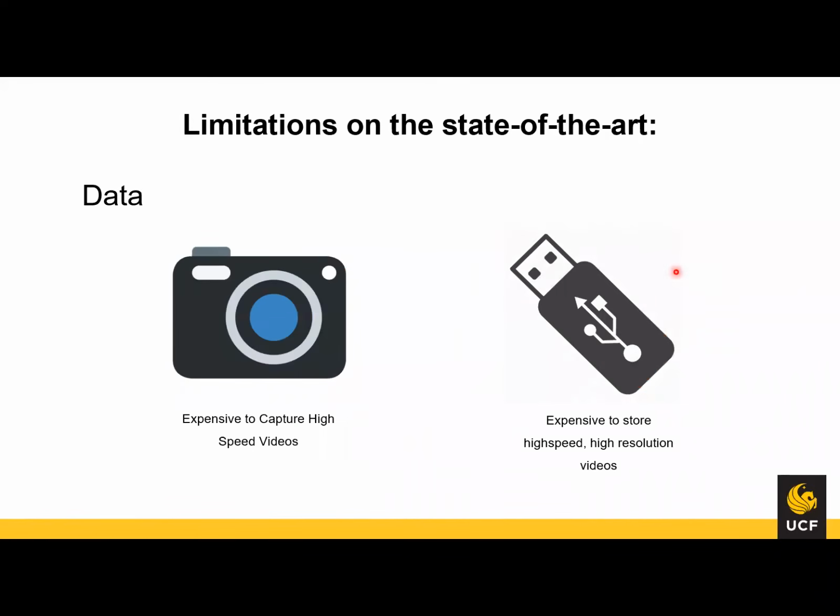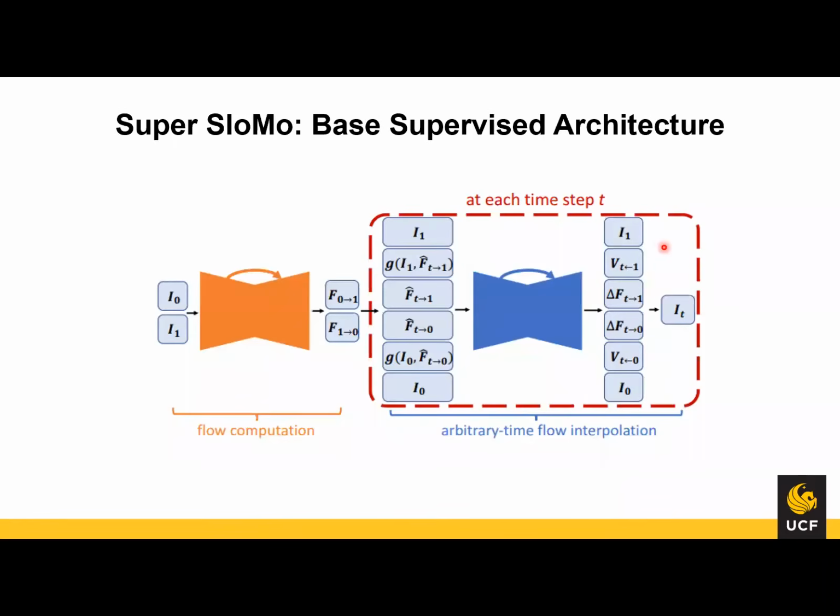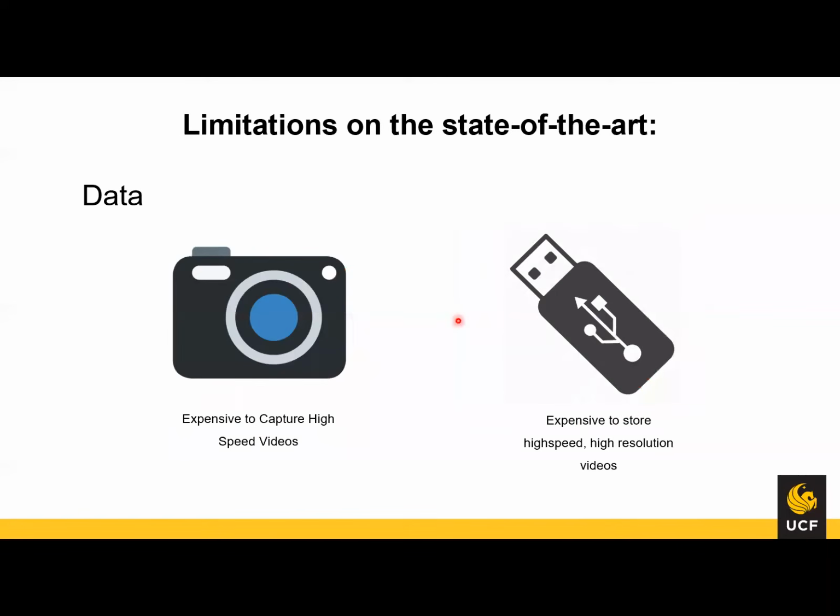Okay, so what are the limitations of using a SloMo network to train on higher resolution images? Well, because it's a supervised method, it requires a lot of high frame rate data, and it's really expensive to collect this data, and it's also expensive to store this data.